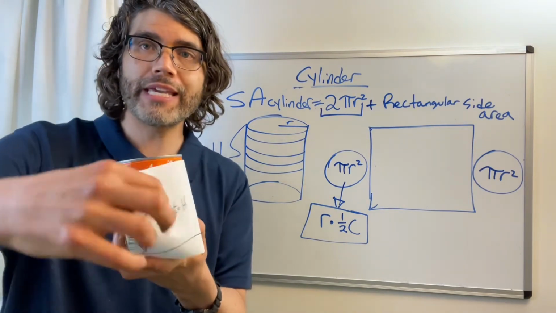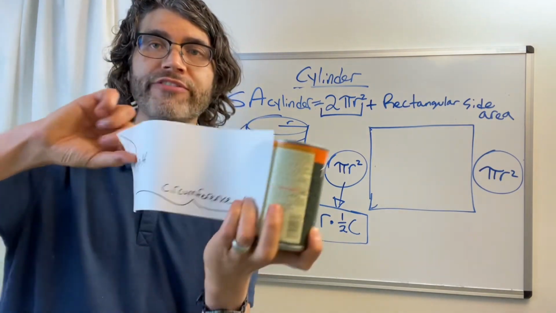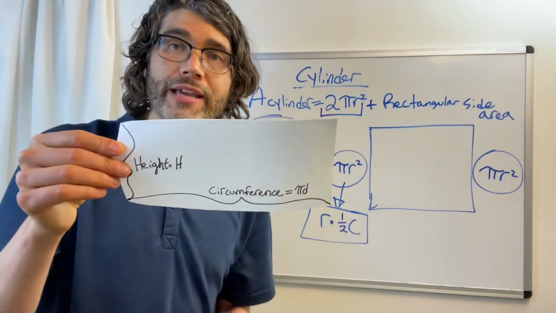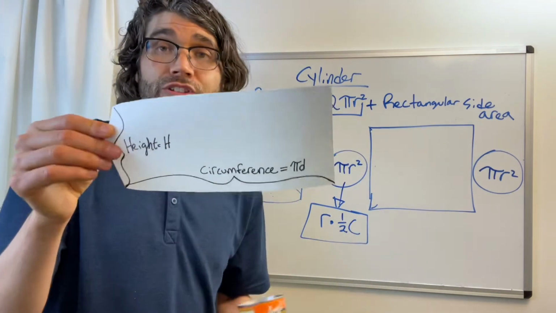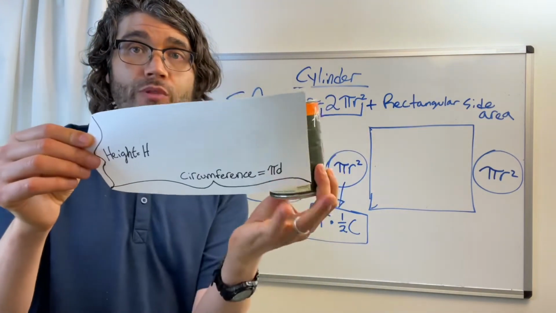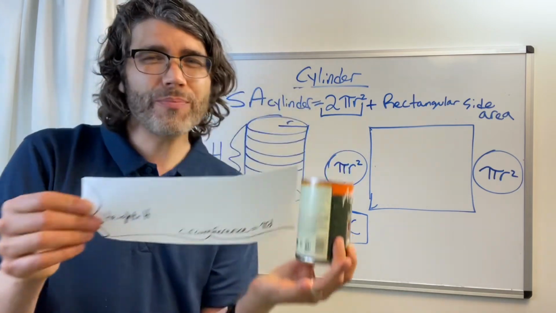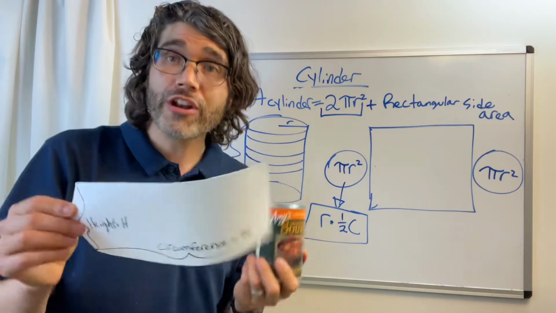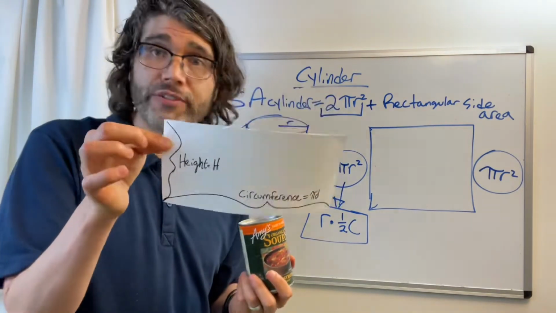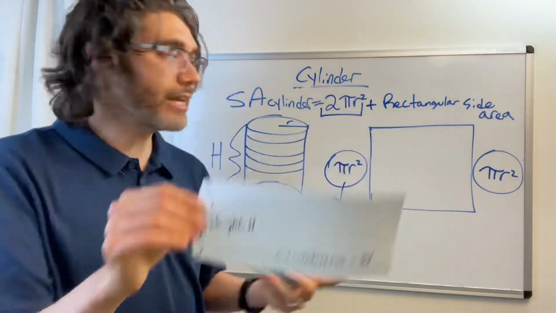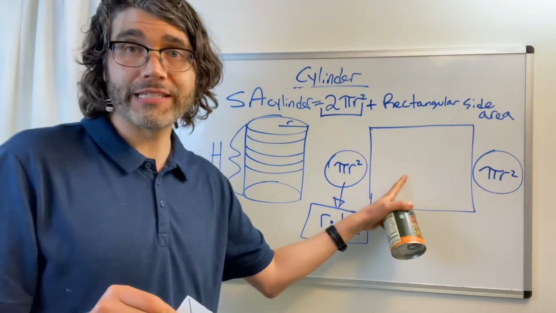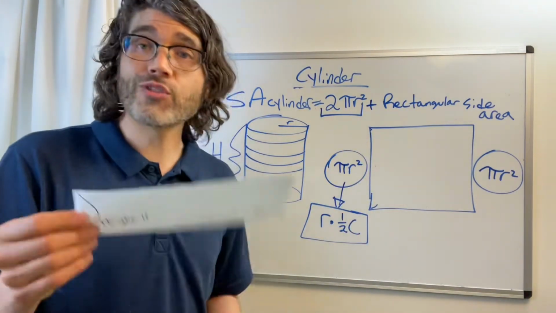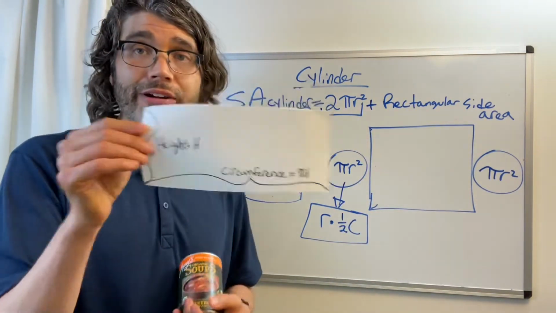Why don't I unwrap it and see what shape it looks like? I'm going to peel it off, and voila, it looks like a rectangle. It's actually a rectangle that is wrapped around the cylinder. A lot of people think that if you unwrap the label, it'll look like a circle or something. No, it actually looks like a perfect rectangle. I wrote this rectangle represented here. Now the question is, what is the area of this rectangle?